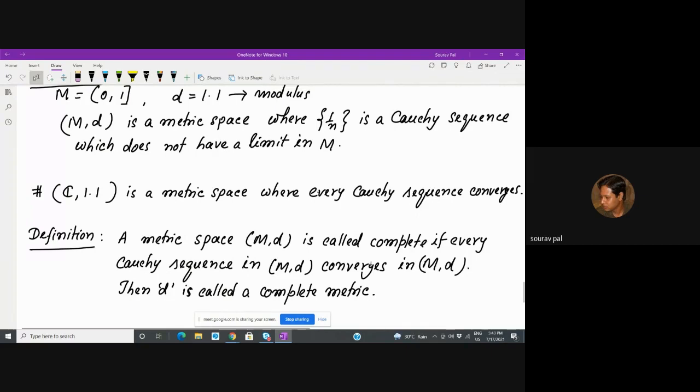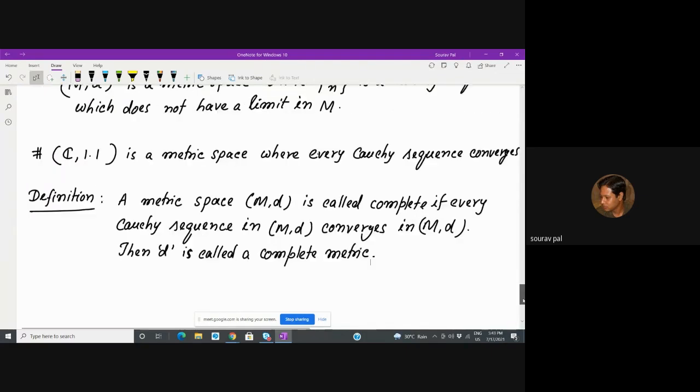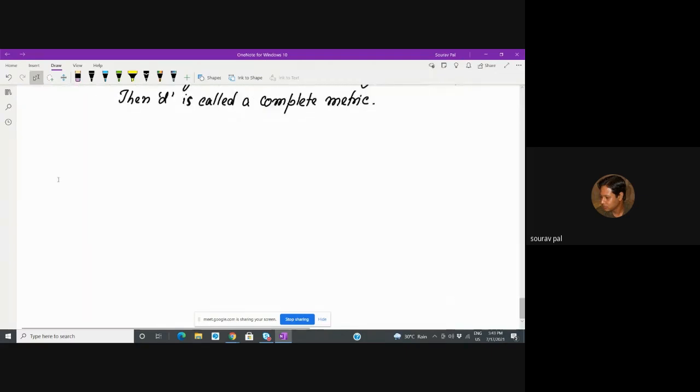Now briefly I'm going to define what a limit is. Perhaps you guys know it.